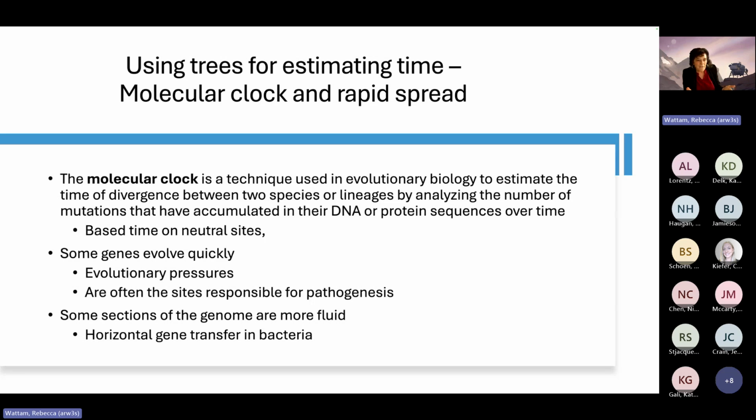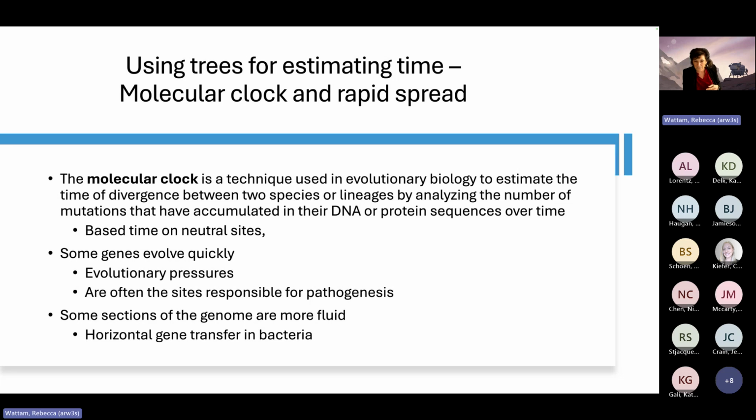And then another thing you have to consider is that some sections of the genome are more fluid. Now, bacteria are not per se sexual organisms, but they do exchange genetic material through different processes. And when a piece of a chromosome comes in that has different genes on it, that's called horizontal transfer.